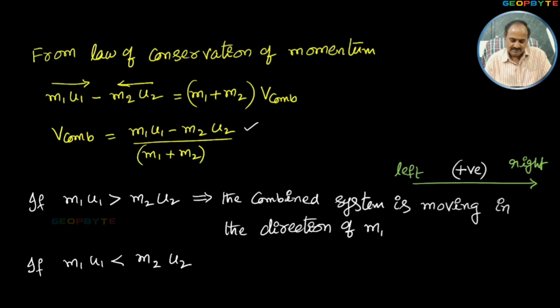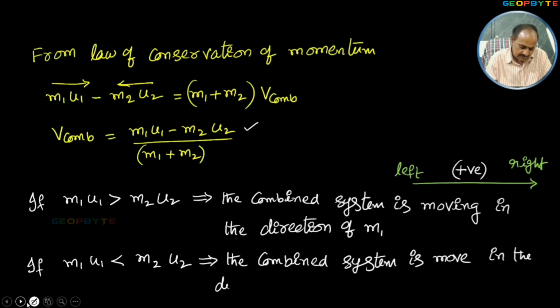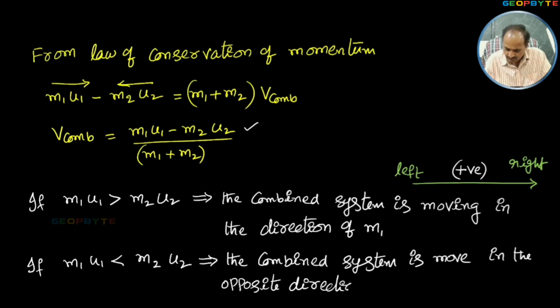If m1 u1 is less than m2 u2, the numerator value is negative, the combined system is moving in the opposite direction of m1. I hope all of you clearly understood.